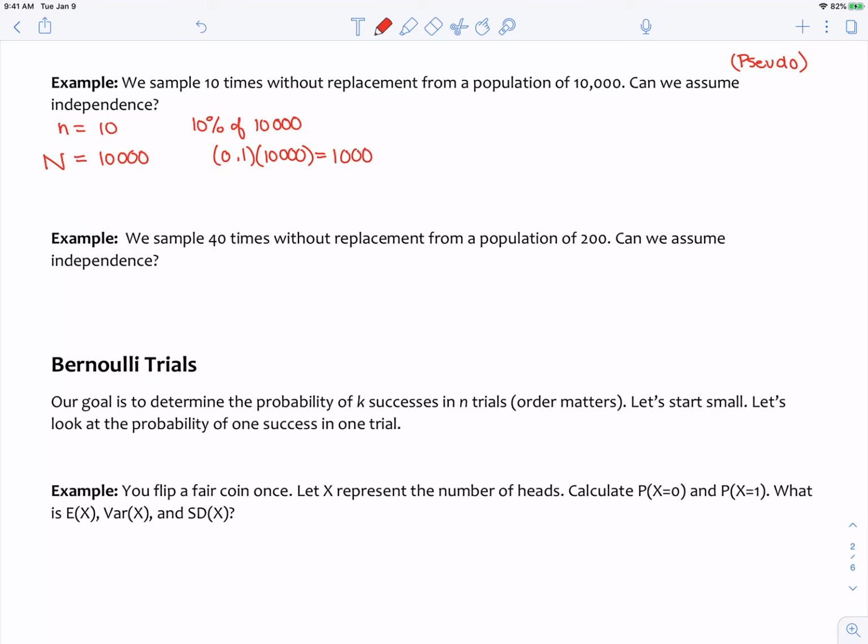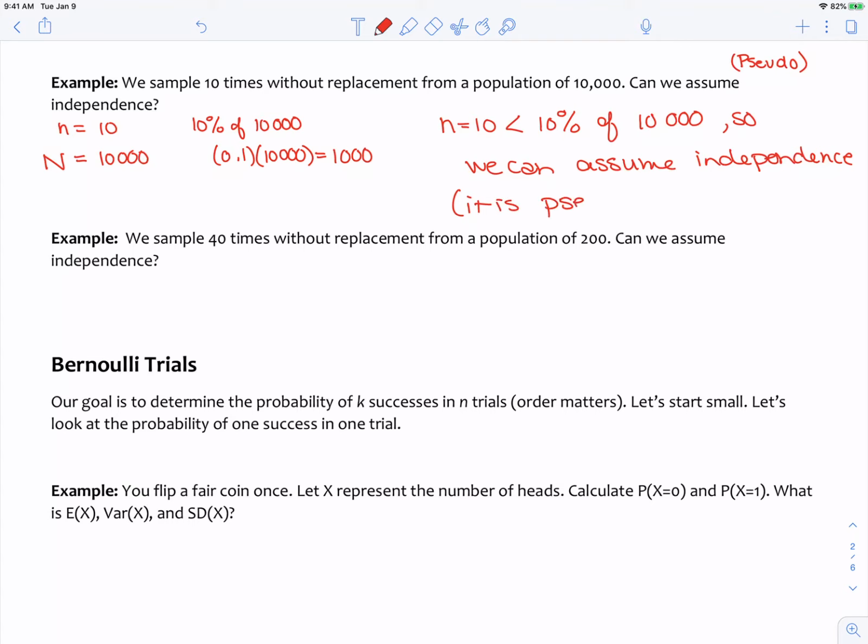So 10% of 10,000 is quite a bit larger than n. That means n equal to 10 is less than 10% of 10,000, so we can assume independence. It is pseudo-independent.